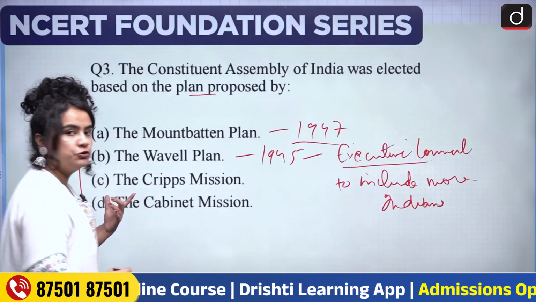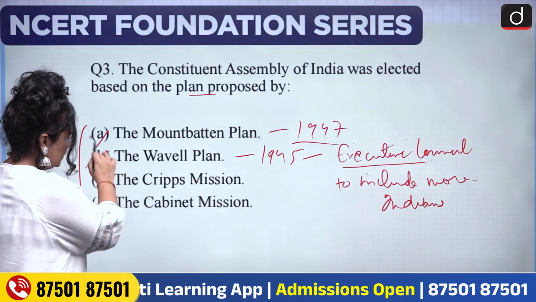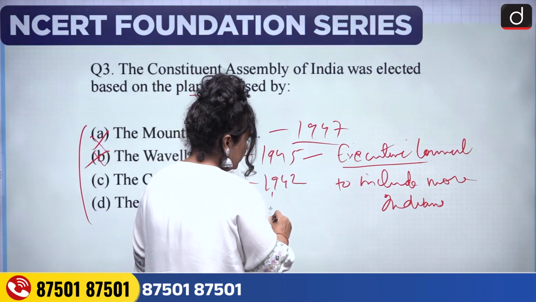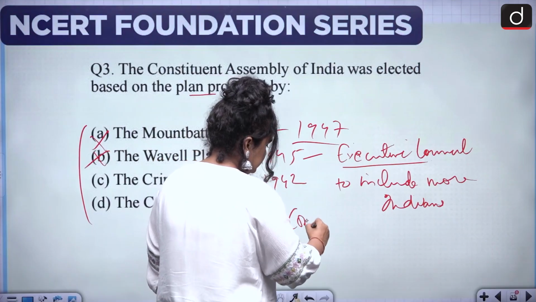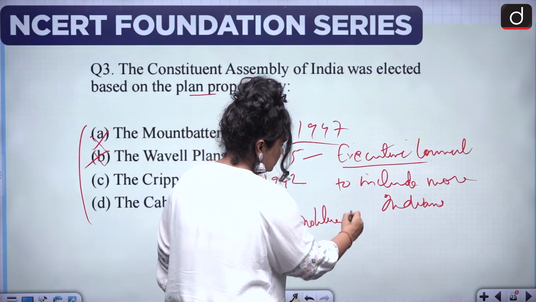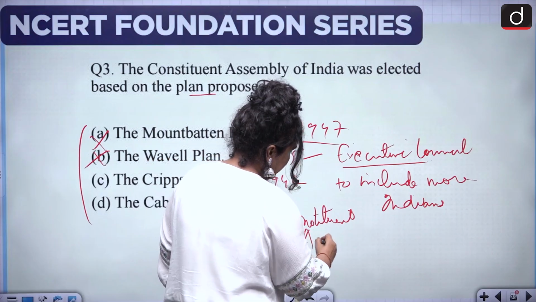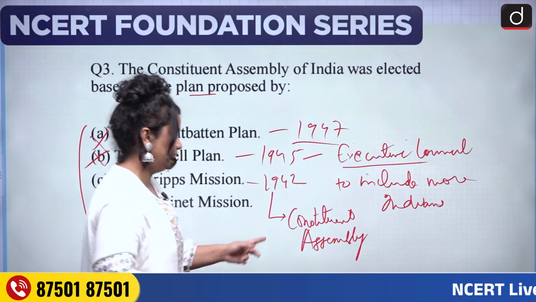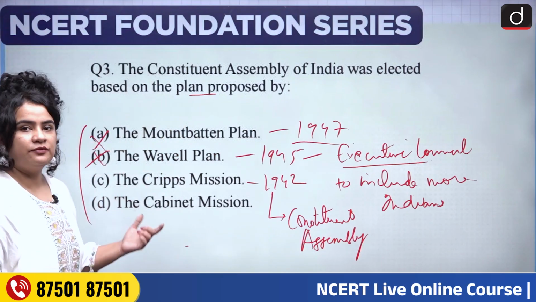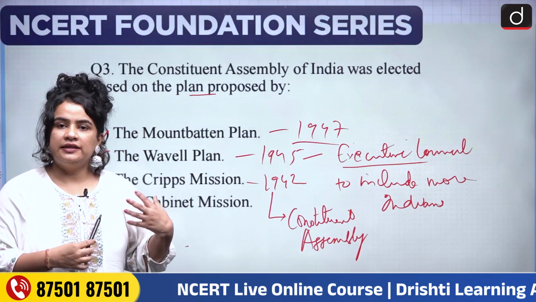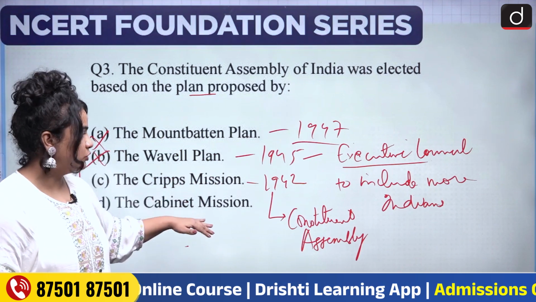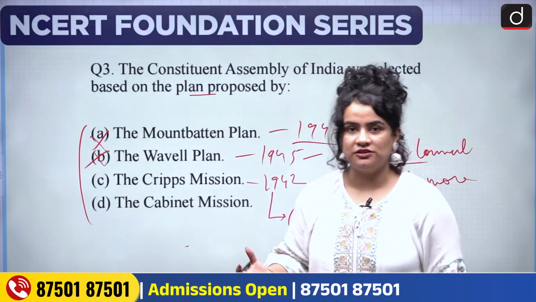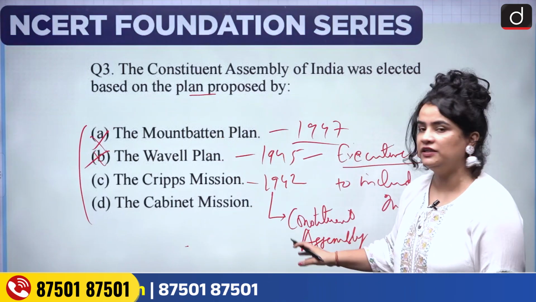Then we come to the Cripps Mission. Cripps Mission again took place in 1942. It did mention a Constituent Assembly, but this plan failed as it was rejected by the Indian leaders. And also please notice that whenever we talk about the Constituent Assembly, it has to come much later, around let's say 1946-ish, if you are even slightly aware of the dates.